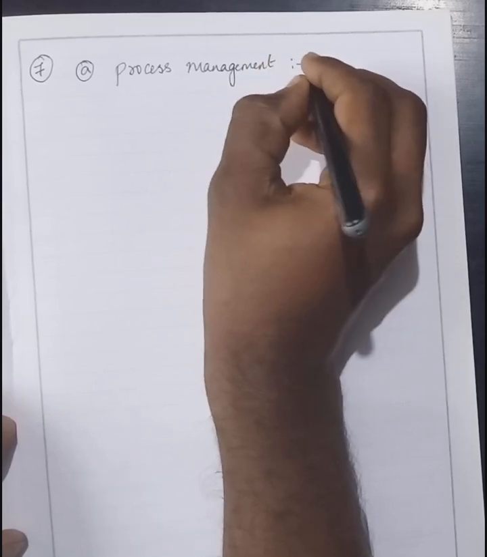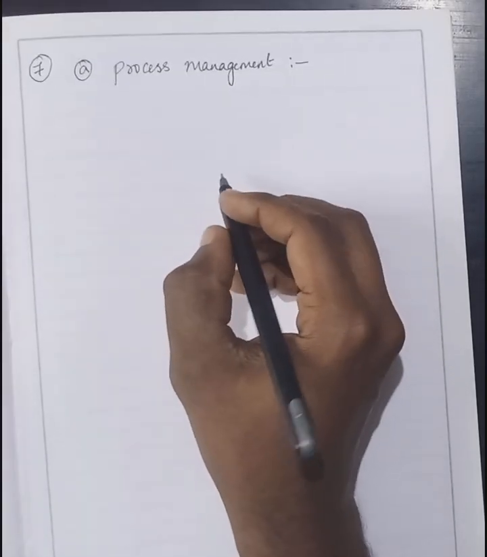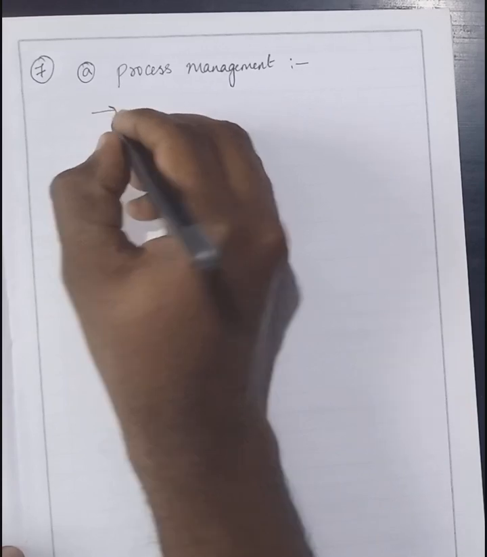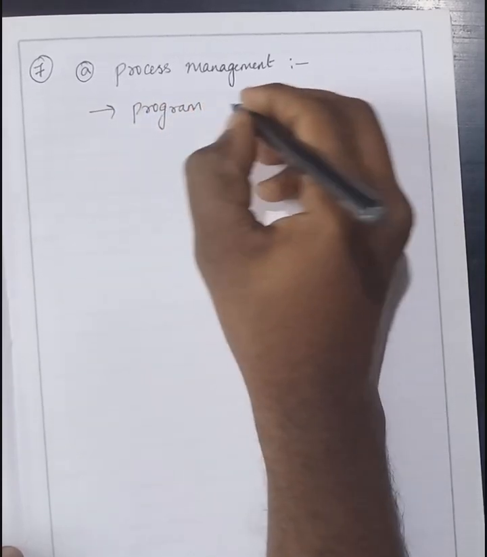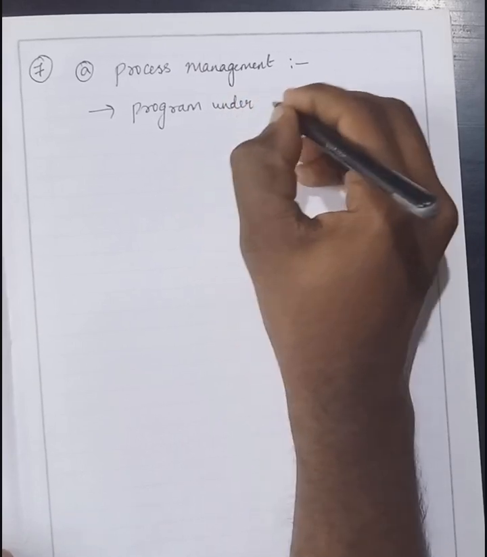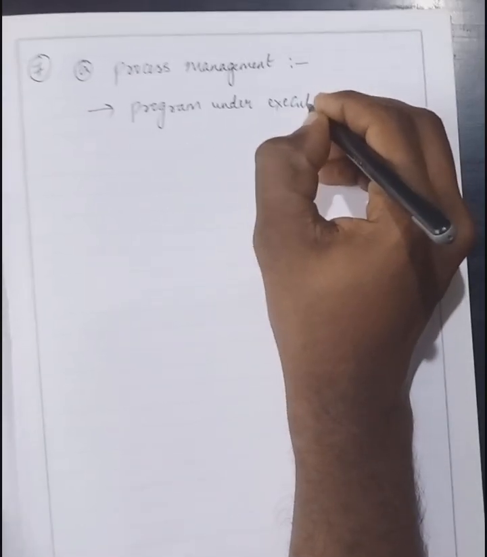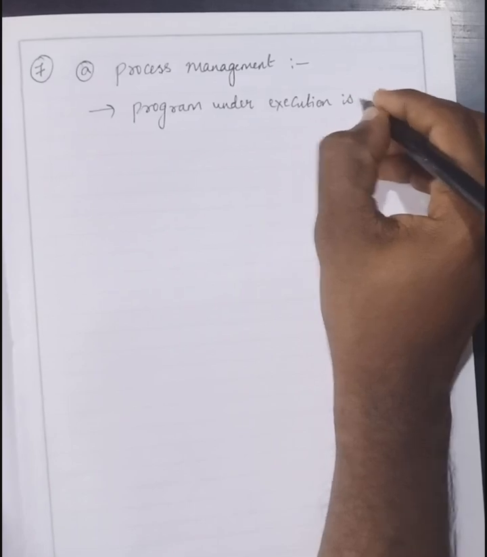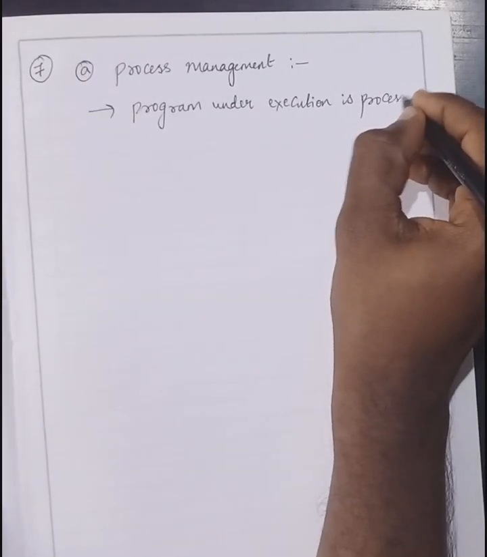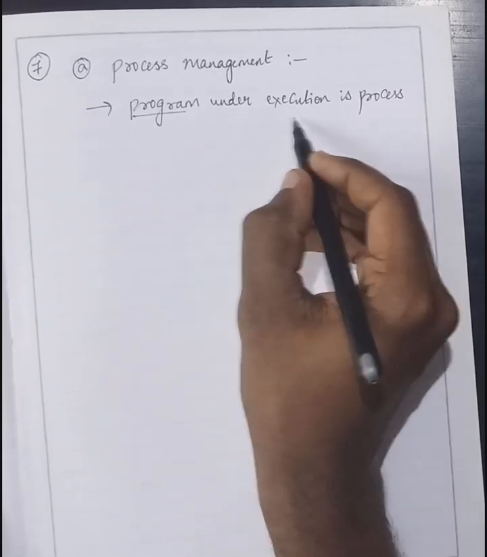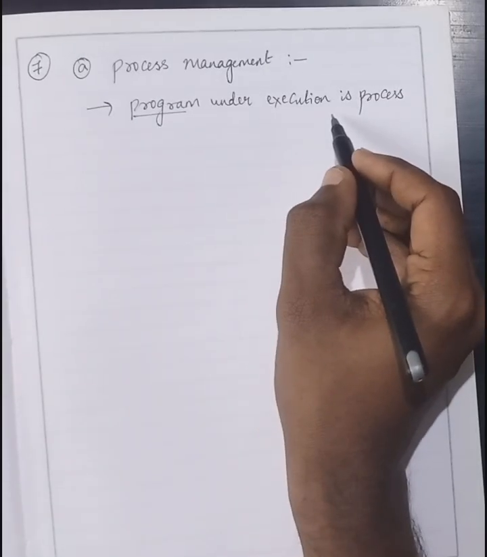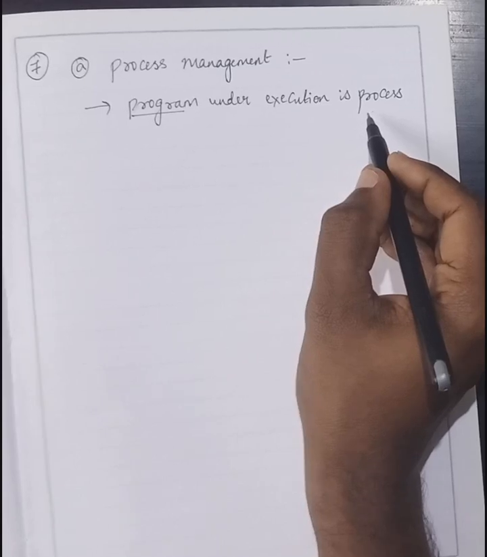Before going in-depth into process management, first we want to know what a process is. Whenever we write a program or a piece of code, and it goes under execution, we call it a process. Simply, any program that starts executing on the computer's processor is a process.